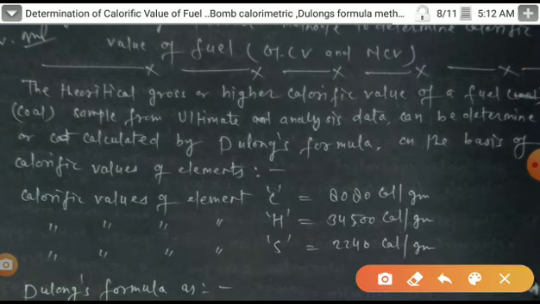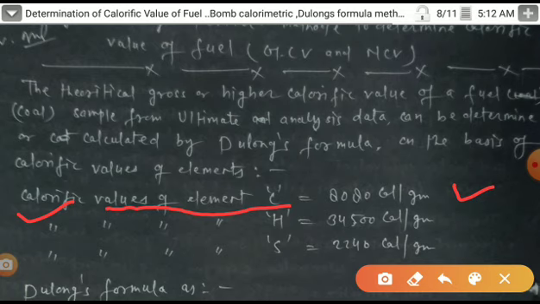So it is clear, and you have to know that the calorific value of the element carbon is a fixed or constant value, that is 8080 calorie per gram.